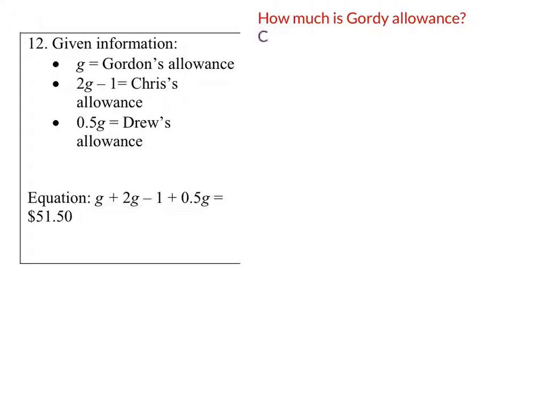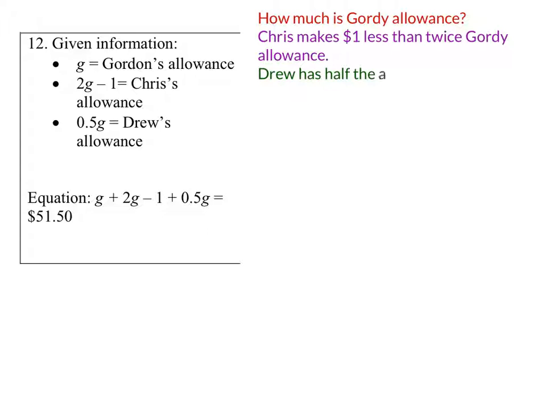So Chris makes $1 less than twice Gordy's allowance. And then we got Drew's, who makes half of the allowance. Half the allowance of Gordy's.